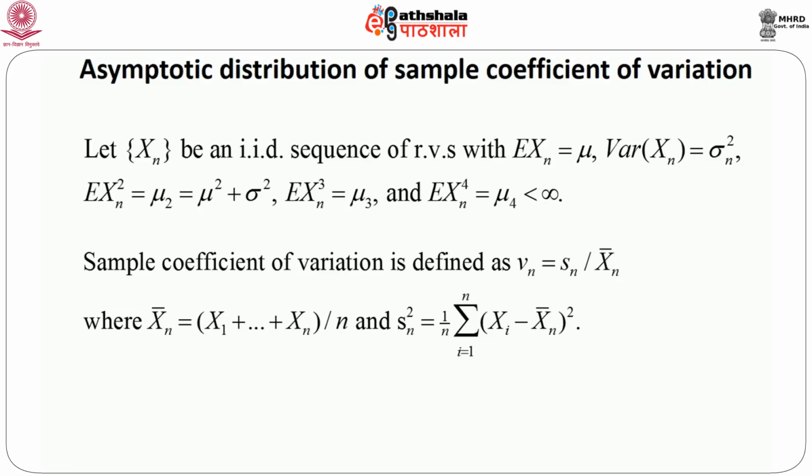So, all moments up to order 4 exist. Then the sample coefficient of variation is defined as Vn, which equals Sn by Xn bar, where Xn bar is the sample mean and Sn square is the sample variance.